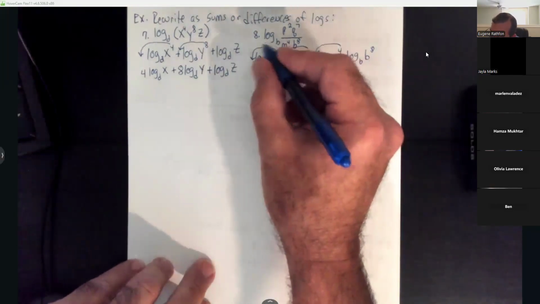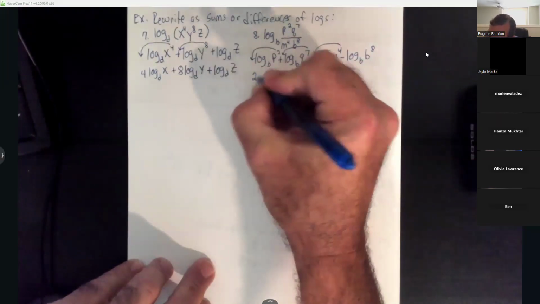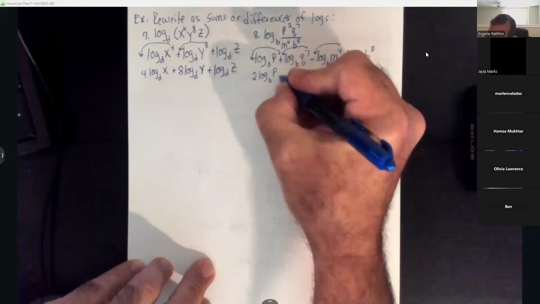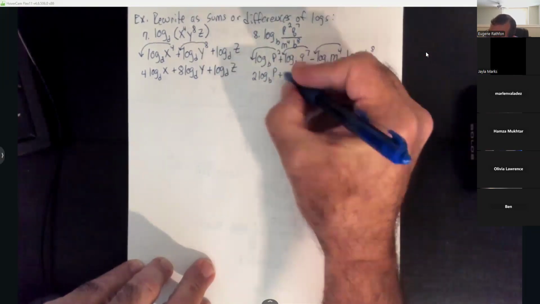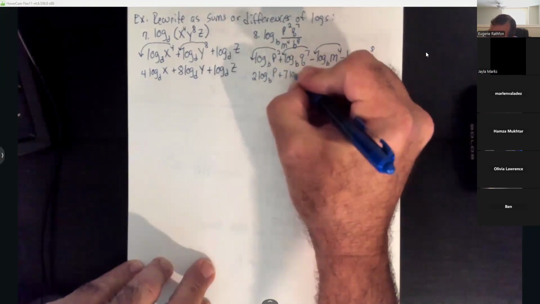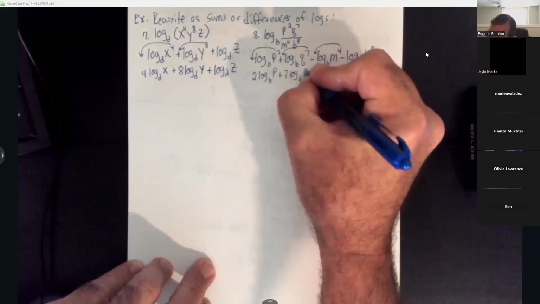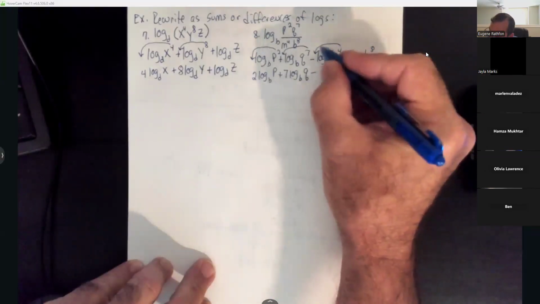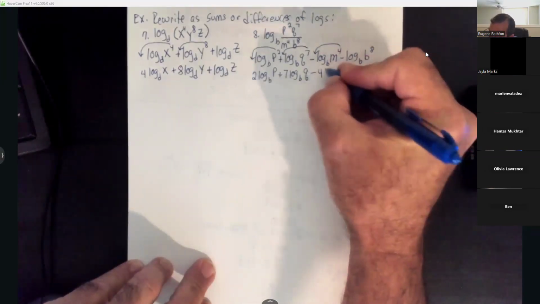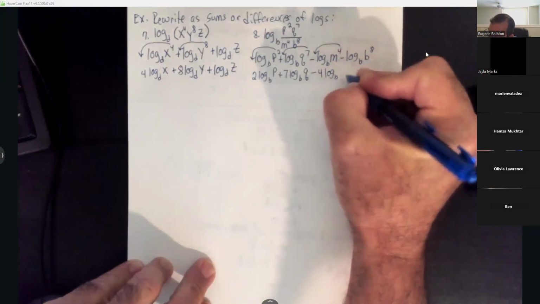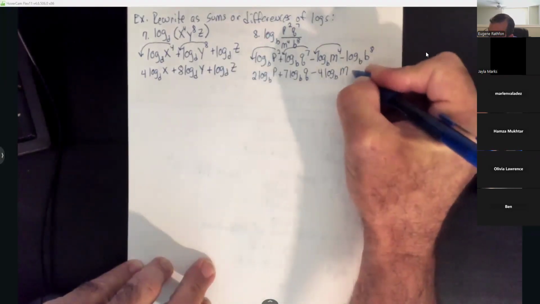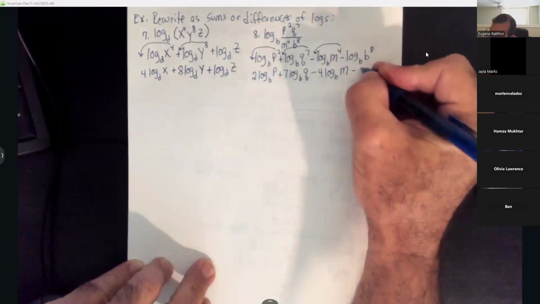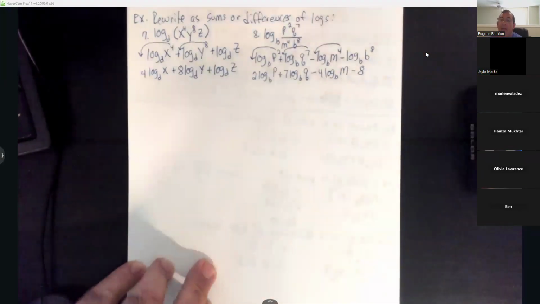So let's get to rewriting. Bringing that 2 down, I get 2 log base B of P. Bringing that 7 down, I get 7 log base B of Q. That's going to be minus, bring the 4 down, 4 log base B of M, minus, remember this whole term turns out to be nothing but 8.